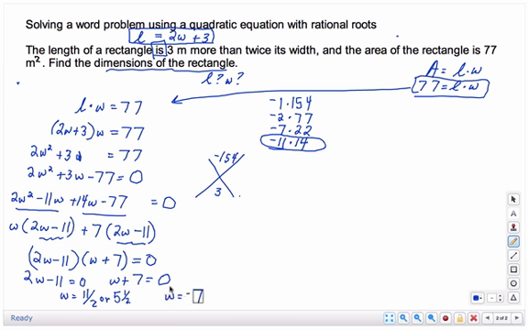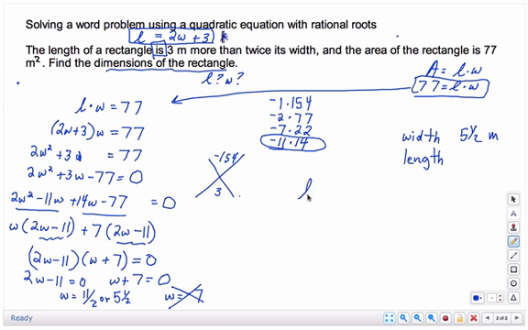But remember, we're talking about length and width, that can't be negative. So we know our width is 5 1/2, and in this case we are talking about meters. 5 1/2 meters. Okay, and then let's find out what our length is. We can do that by plugging it back into one of our original equations.